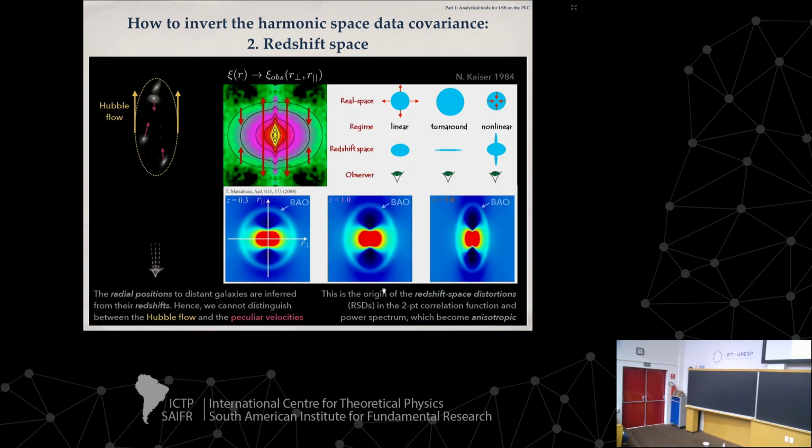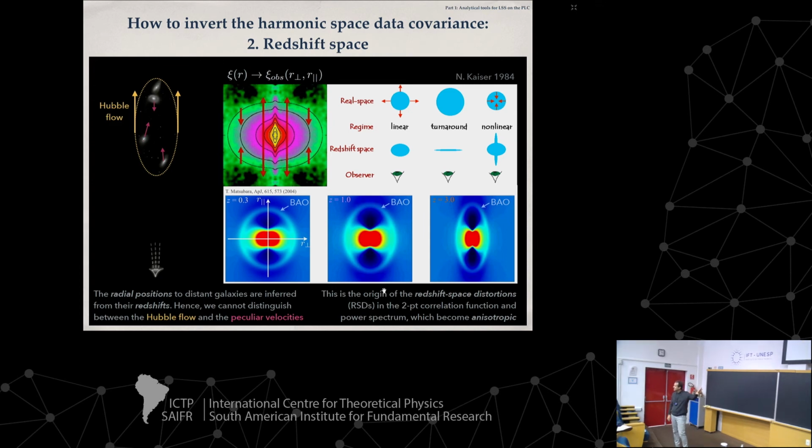So if you look at this figure here, you can think about this, along the line of sight and across the line of sight, as a kind of Alcock-Paczynski, because the way that you measure these structures, which are the BAO scales, is that you can think of angular and radial. The way that you measure them is intrinsically different because you're using an angular distance and a radial distance, and this is kind of an Alcock-Paczynski.